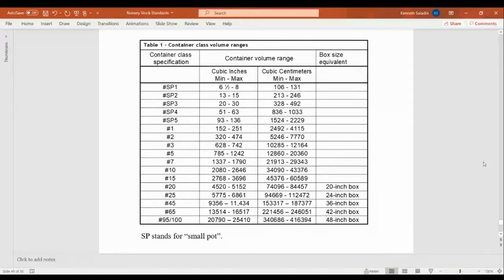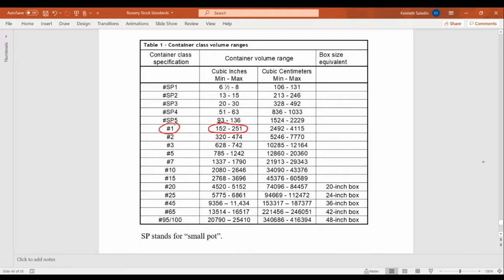So the industry has attempted to standardize container sizes, and what we used to call a 1-gallon, they call a number 1. So that's right here on the table, a number 1 container. And they're saying that to be a number 1 container, it has to hold somewhere between 152 to 251 cubic inches of medium.